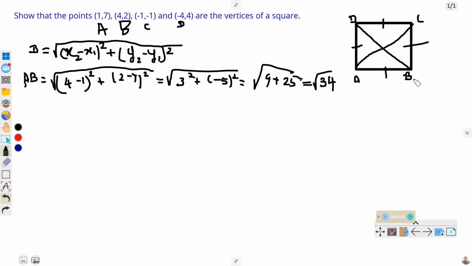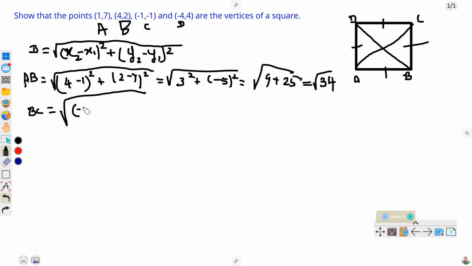Now we are going to consider BC. For BC, the same formula, but the points will be different. B is (4, 2), C is (minus 1, minus 1). Then x2 minus x1, we have to write properly.